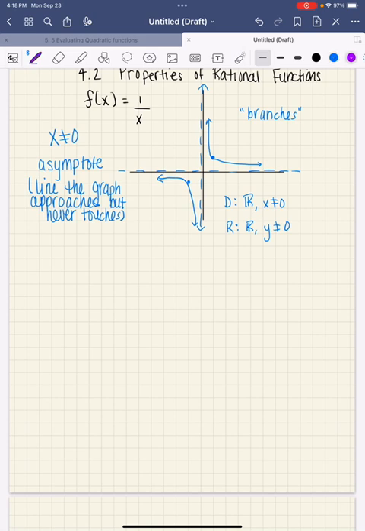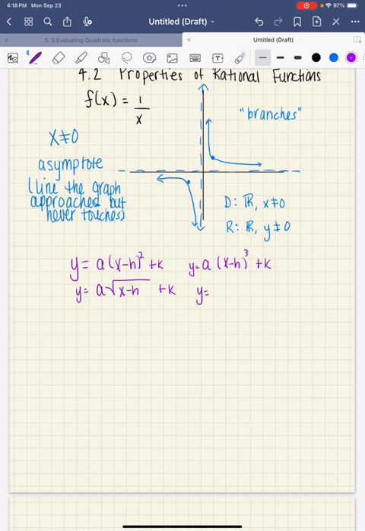Okay, I'm going to go back and review some shifts. So for the parent functions, we have y equals a times x minus h quantity squared plus k. Or maybe it's a times the square root of x minus h plus k. Or maybe it's a times x minus h cubed plus k.